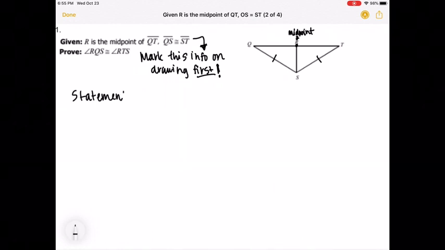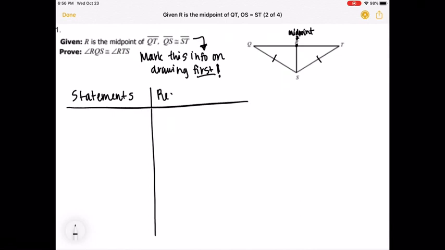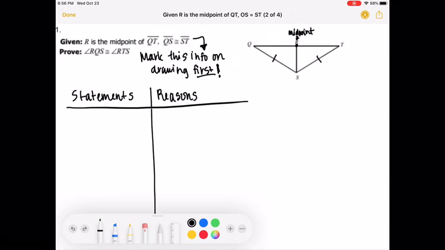Statements on the left side of our column and reasons on the right. First statement should always be what? Given. And remember, you need to write it out.